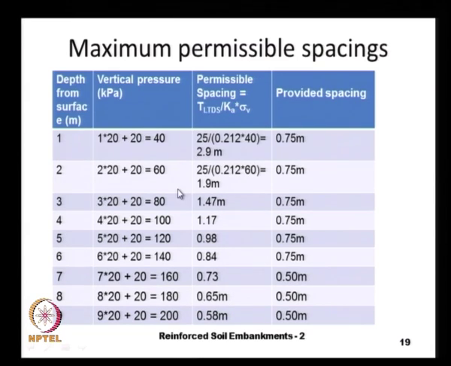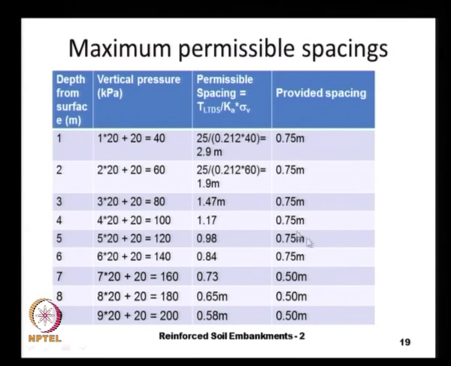If we do these calculations, at a depth of 2 meters it is 1.9, at a depth of 3 meters 1.47, and it's reducing. At the bottommost point, 9 meters, it is 0.58 meters. Theoretically we cannot provide 0.58, because our compaction layers are in a thickness of 250 mm.